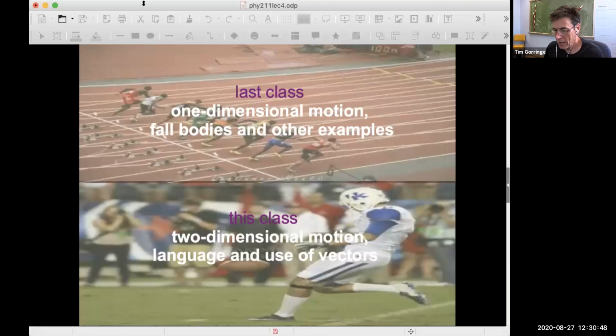So in the upper slide, although the motion is happening in three-dimensional space, the interesting motion is along a line, and it's one-dimensional motion.